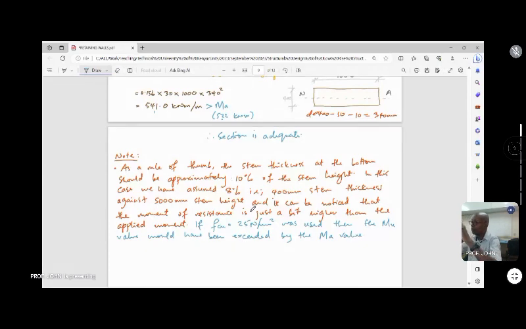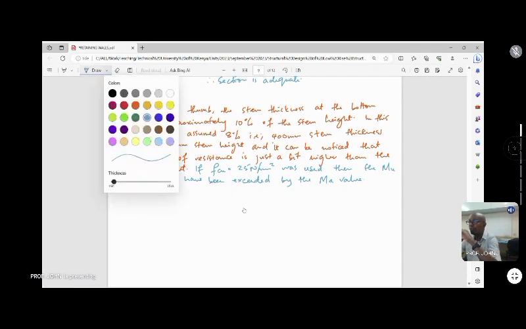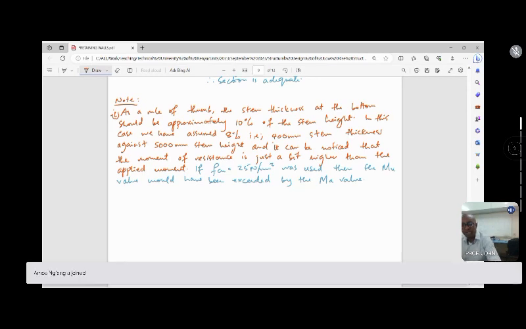So this generally you want to remember when you go into practice, those who will choose to go into structural engineering, this is important. When you design a cantilever retaining wall, a rule of thumb, if you're not within that range of 10%, you're likely to get into problems with that wall.